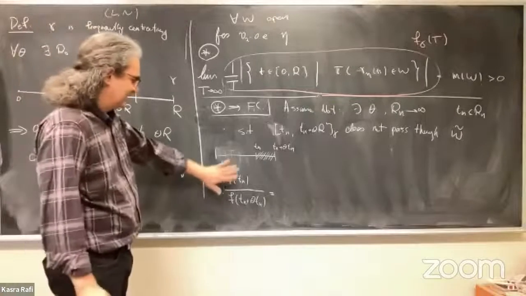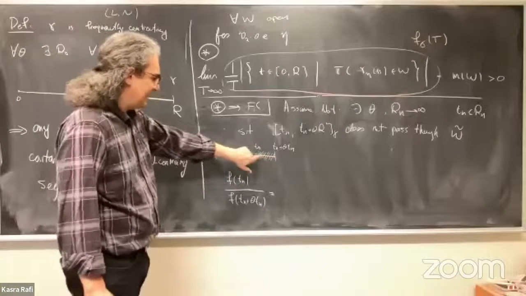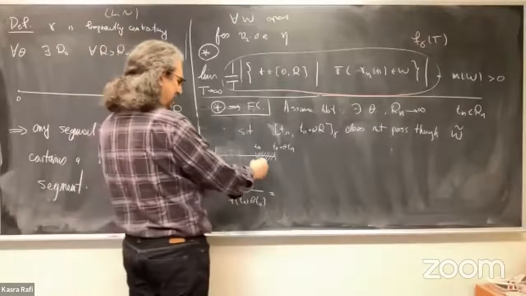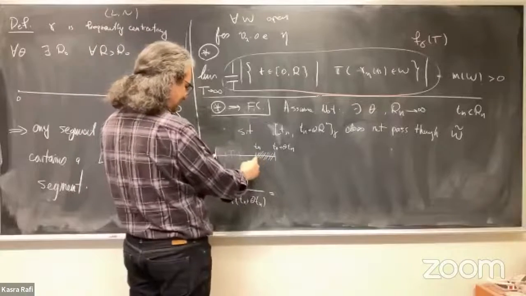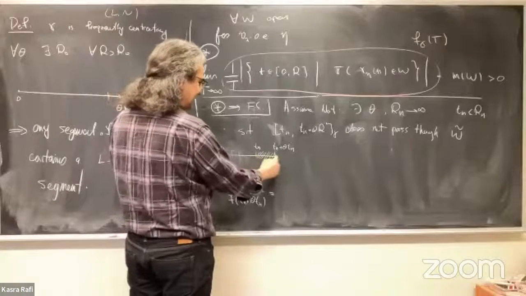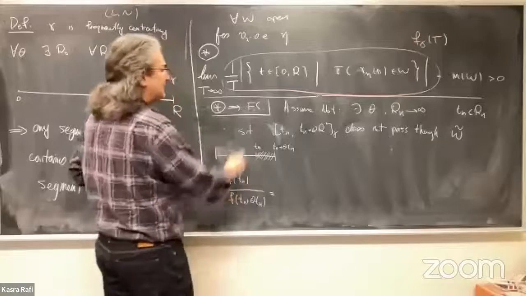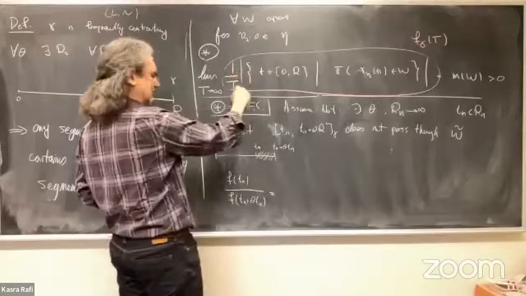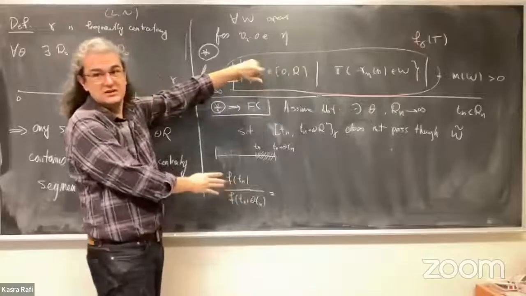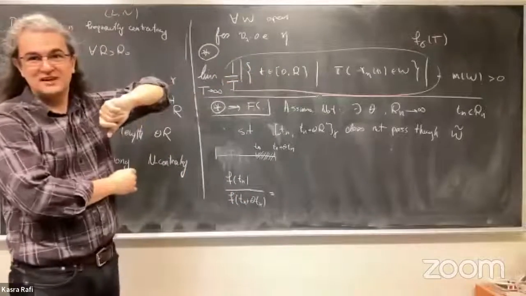So from here to here, I spend no time in W. So the amount of time I spend in W here, on average, is exactly the same as here. But to define f, I have divided by t. So this part in the numerator and denominator is the same, it just cancels out.